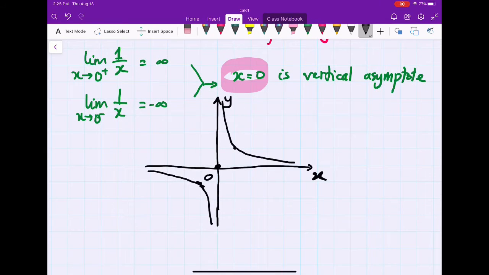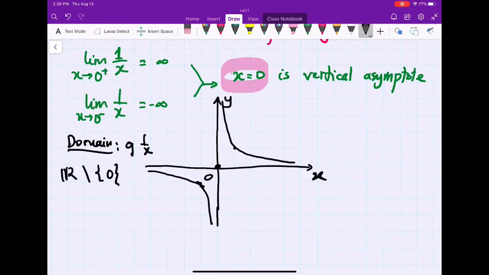All right, now look at this. The function is defined everywhere except 0. You see, that is the domain of 1 over x. That is the whole number line excluding 0. And when you consider this function, you might ask yourself, what happens if x approaches infinity?